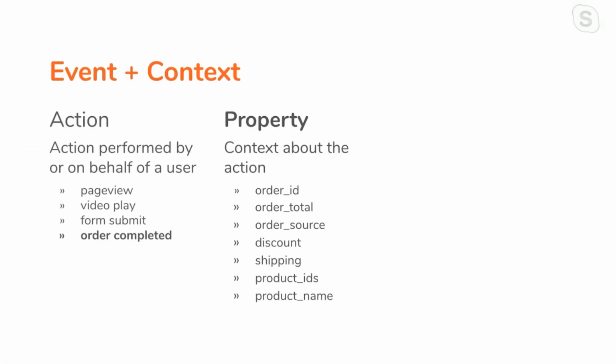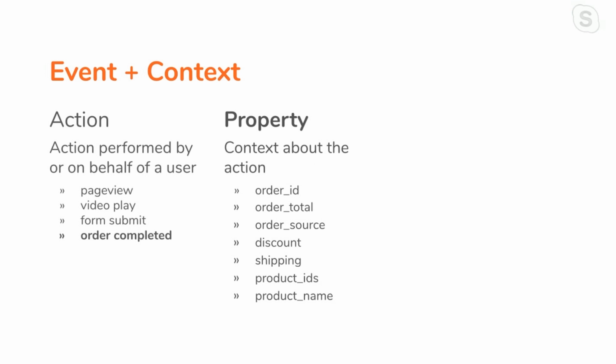Then the third, if you look at this context here, we have the event and then the properties. If you look at an order completed event, these might be some of the properties that you want to collect. And of course, there could be others as well, depending on what sort of information you have in your system. But for order completed, I would imagine that these are the minimums that you collect, right?